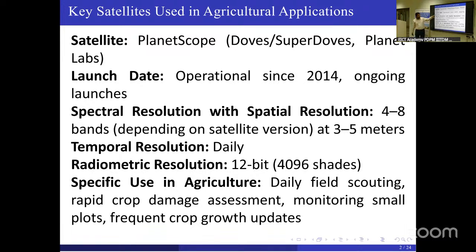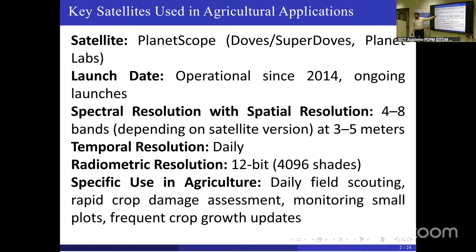Yes. So PlanetScope gives spatial and spectral resolution of 3 to 4 meters. It means one pixel is 3 by 3 or 4 by 4 meters. So the pixel size is very small, 3 to 5 meters, and the temporal resolution is daily.